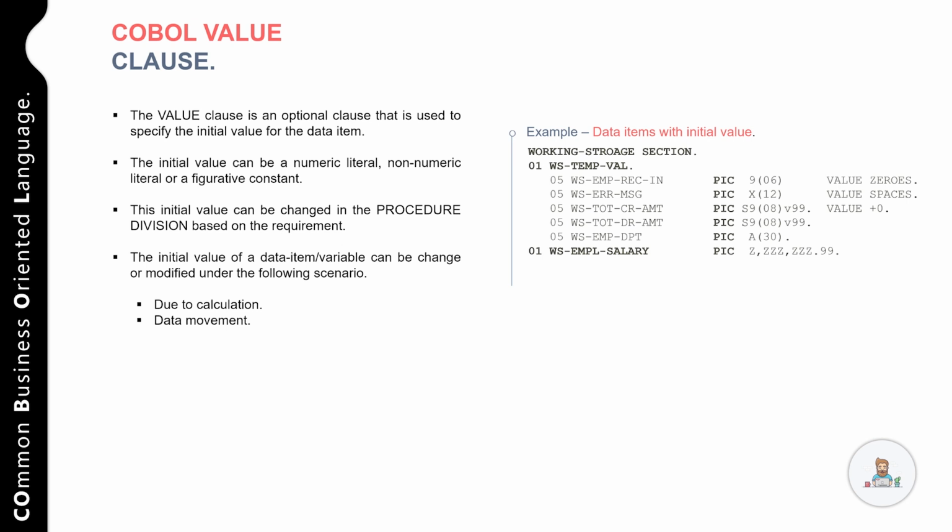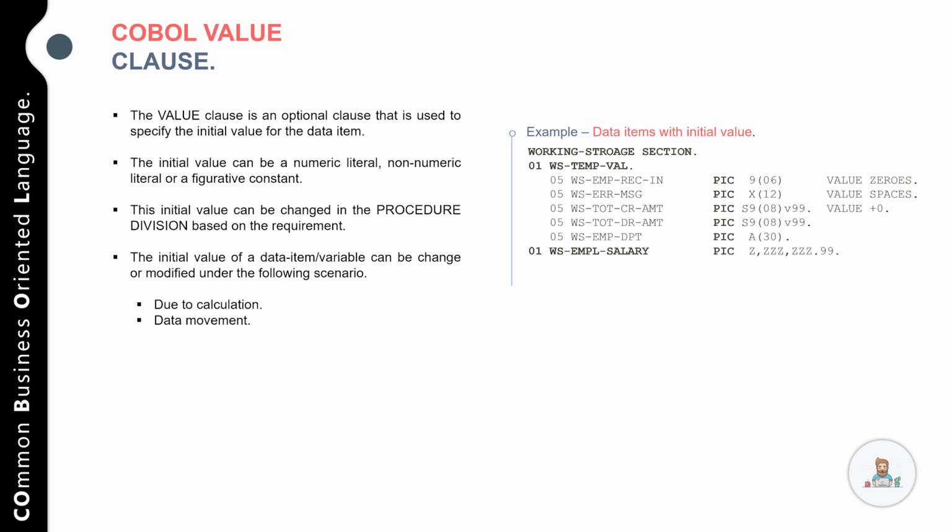Again, we have a working storage section, and there are two different variables that we have defined here. The first one is a group variable, that is WS-TEMP-VARIABLES, and that includes a couple of elementary items. The first one is WS-EMP-REC-IN, and this is 9 of 6, and we have assigned an initial value of 0 to it.